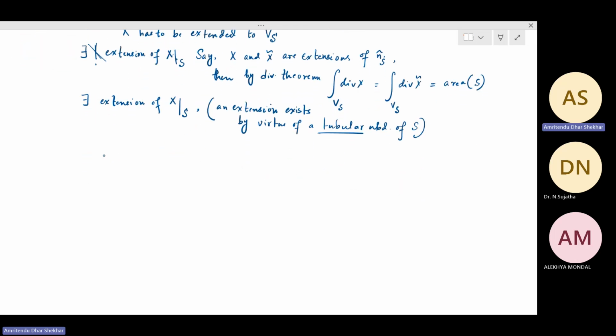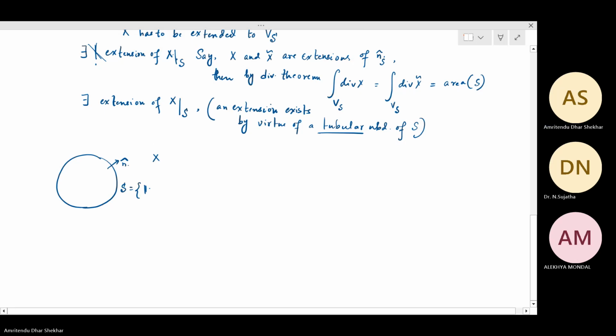So let's say you have a sphere over here, and you have the unit normal field on the sphere, and let's say n is the unit normal field, and you want a vector field X such that, so this is your surface S, which is basically the unit sphere. So you want a vector field such that X on S is the unit normal on S. Okay.